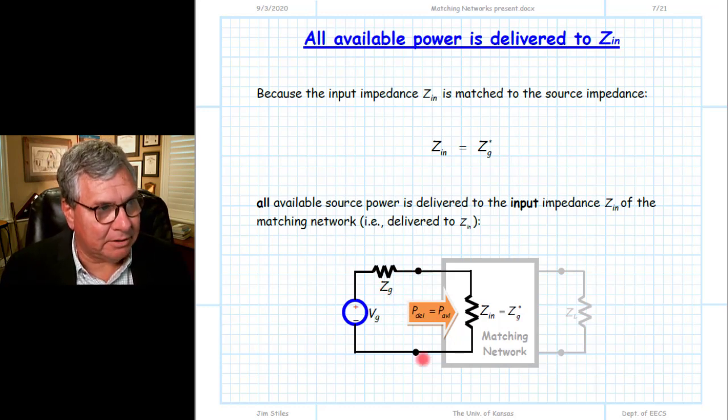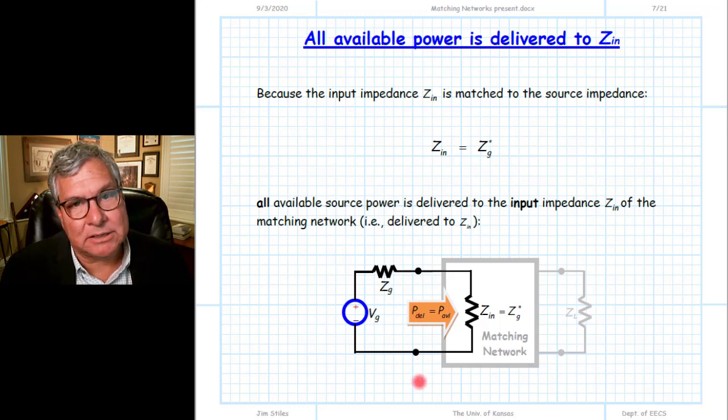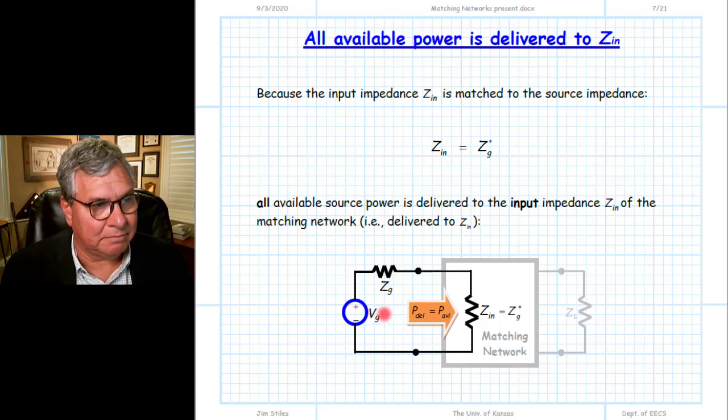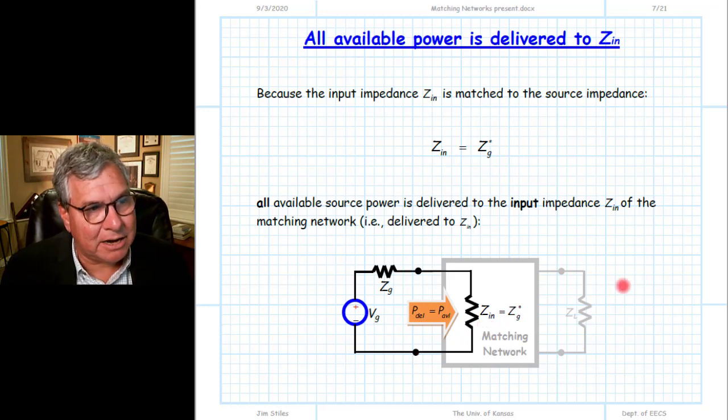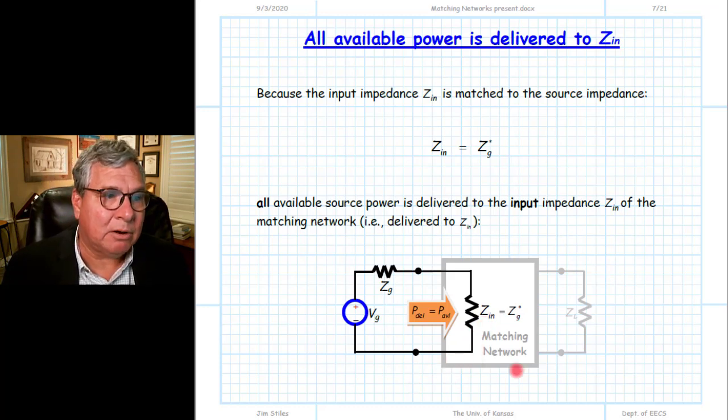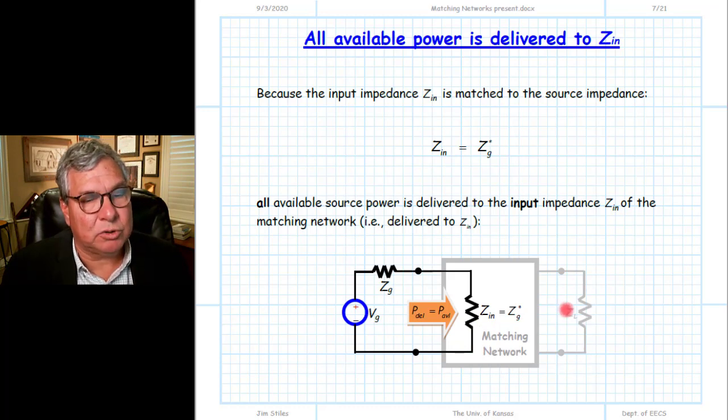Because of that, the rate of energy flow across this interface, across this port into the matching network, will be equal to the available power then of that source. Again, the input impedance here, remember, is the equivalent circuit for the entire circuit to the left of this port plane. In other words, the input impedance represents then not only the matching network, but also this load.